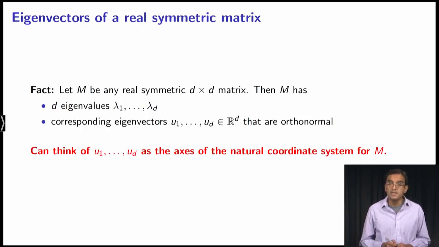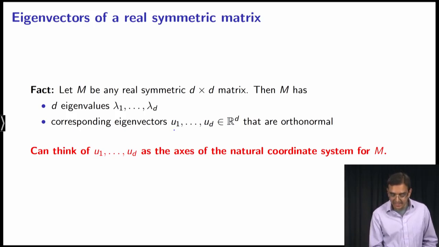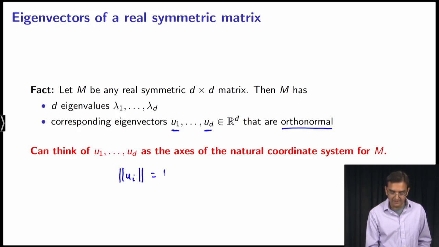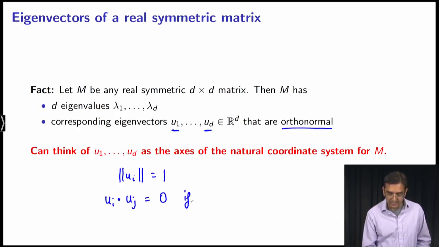Let's take any symmetric square matrix. If it's a d by d matrix, then it has d eigenvectors, u1 through ud, and these are orthonormal. In other words, they all have unit length. The length of each of them is 1. And any pair of them are orthogonal to each other, so ui.uj is 0 for any i not equal to j.